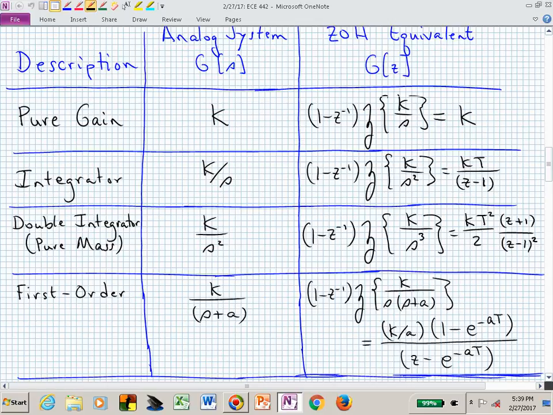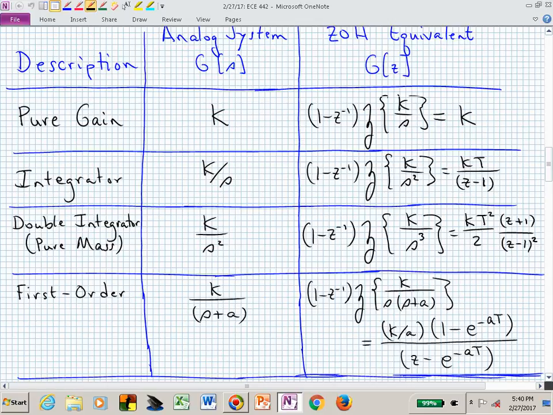And you could compare the DC gains of these two. What's the DC gain in the middle column of a first-order system? How do you find the DC gain? What's the frequency of a DC signal? 0, right?